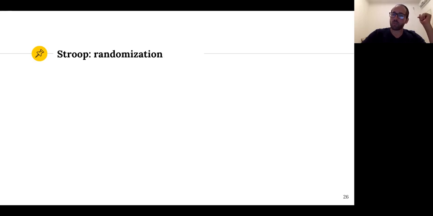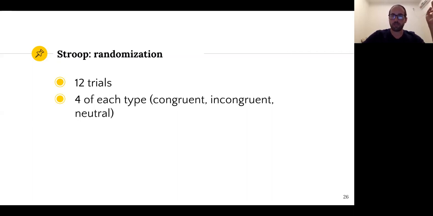Then we have the question of randomization. What do we want the randomization to look like? So we're doing only 12 trials of Stroop. It's not really difficult to make more, but 12 is short enough that we can run it really quickly and see what goes on. And we have 3 types of trials: congruent, incongruent, and neutral.